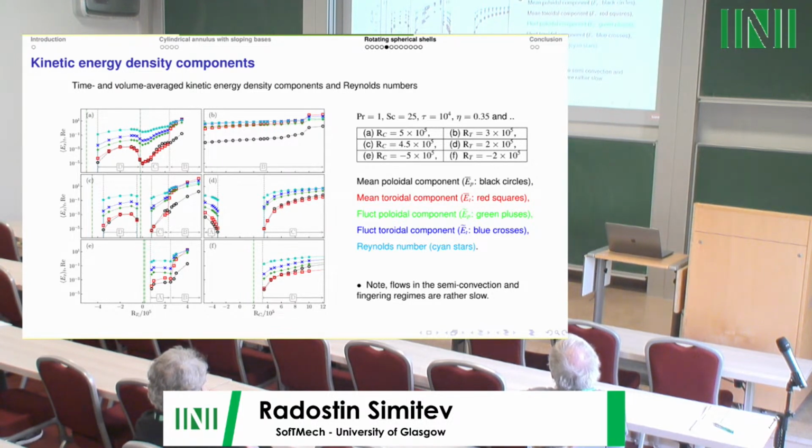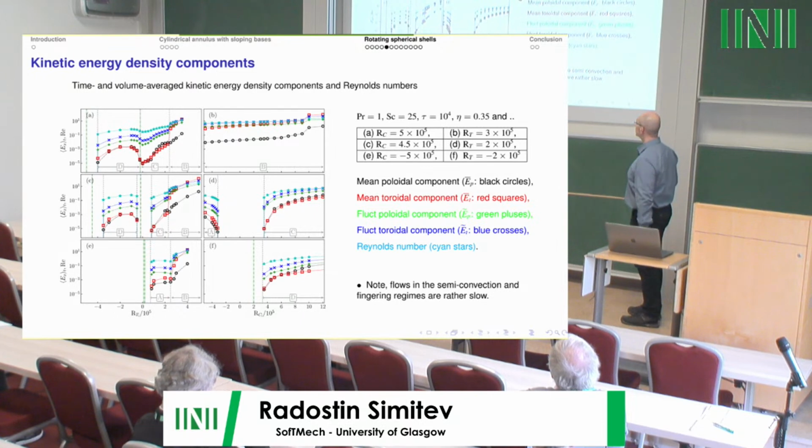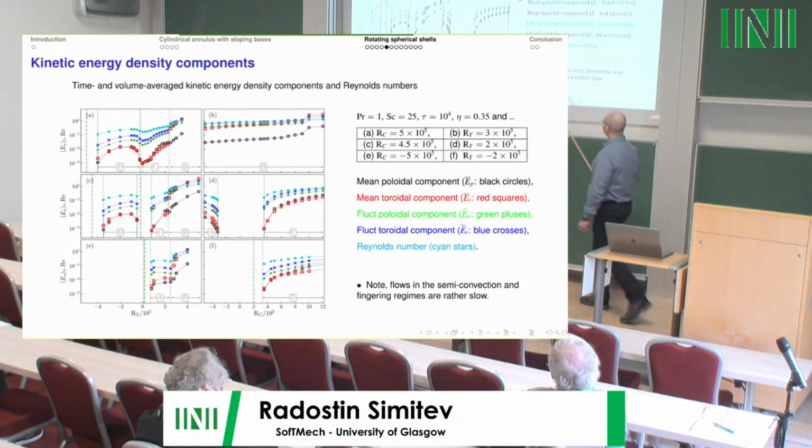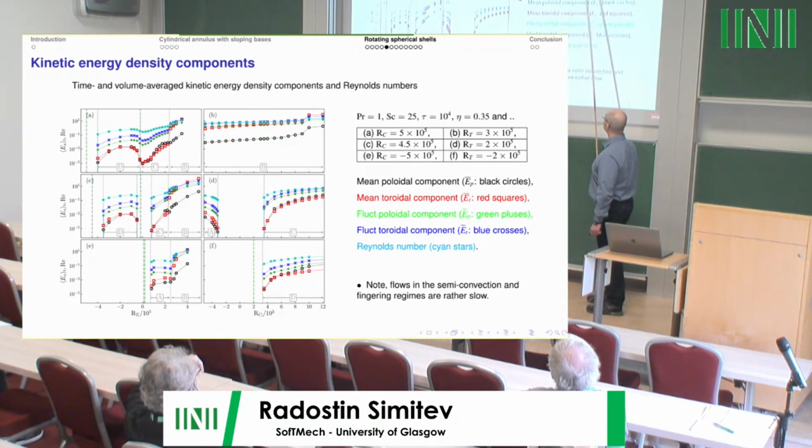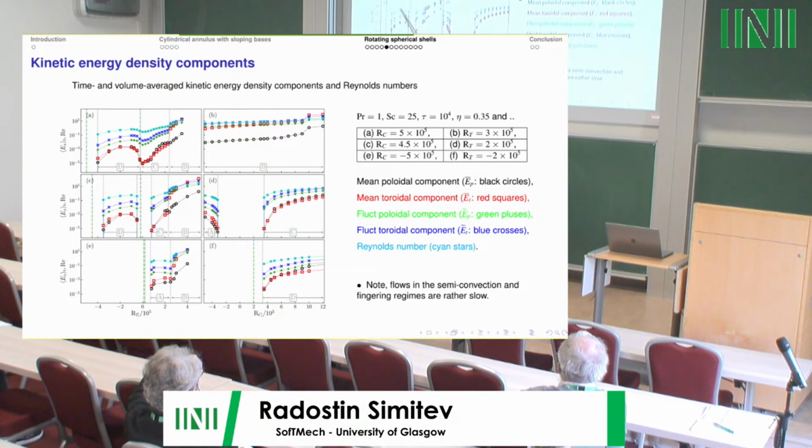So these are now time and volume averaged kinetic energy density components and Reynolds numbers, excuse me, as a function of the two Rayleigh numbers, fixed along those vertical and horizontal lines. Say if we consider one sequence, the sequence C, in which the compositional Rayleigh number is fixed to this value, we see again the fingering regime, which is unstable for some values of the thermal Rayleigh number.